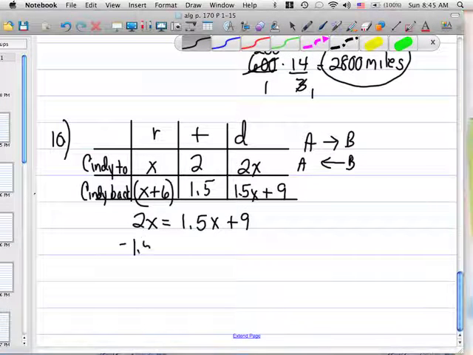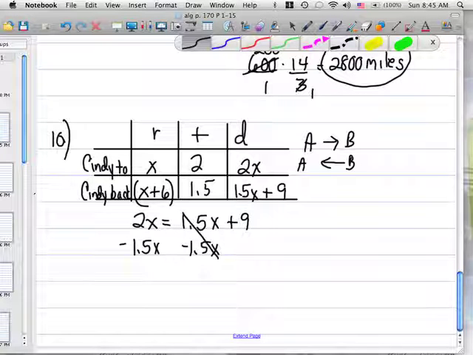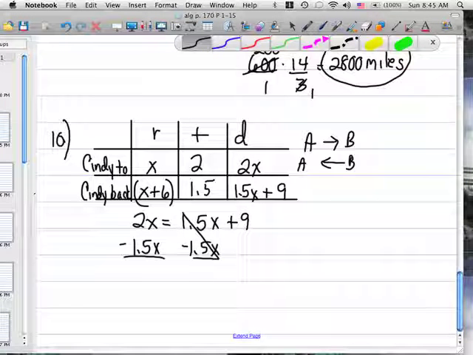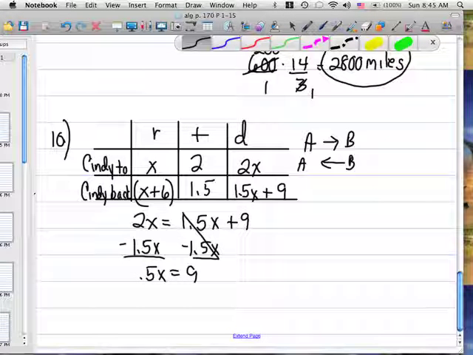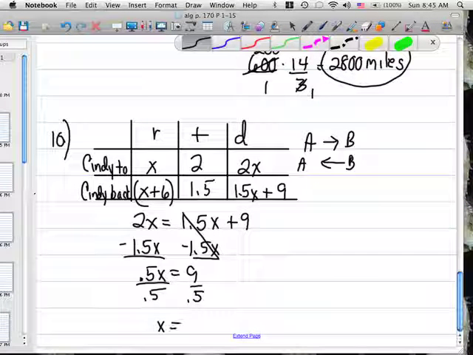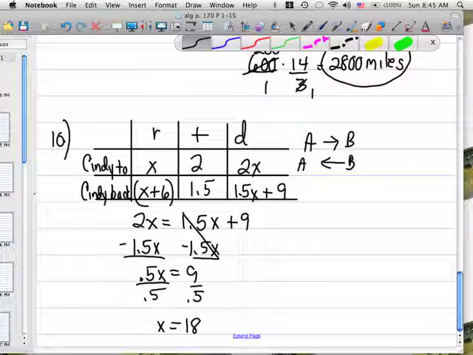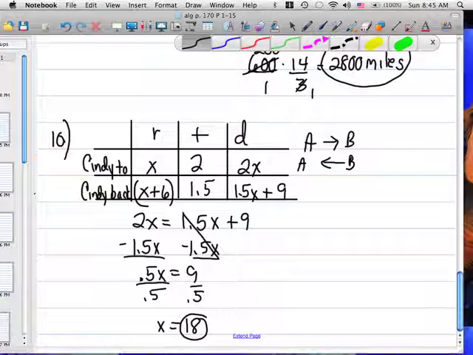The 2x is by itself, so subtract 1.5x from both sides. So you get 0.5x equals 9. Divide by 0.5. So x equals 18. And that's how fast she was going originally.